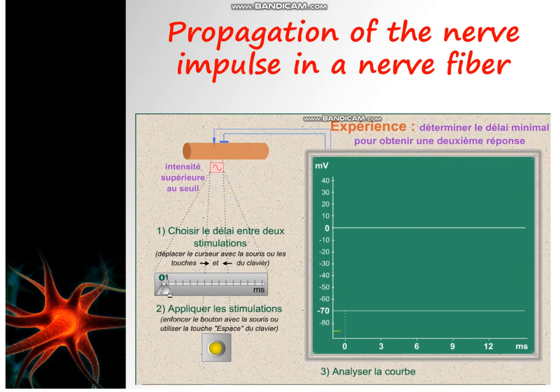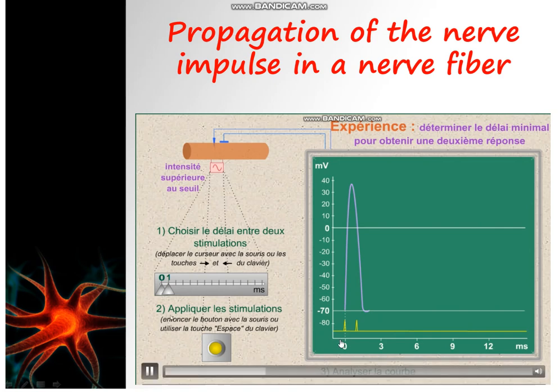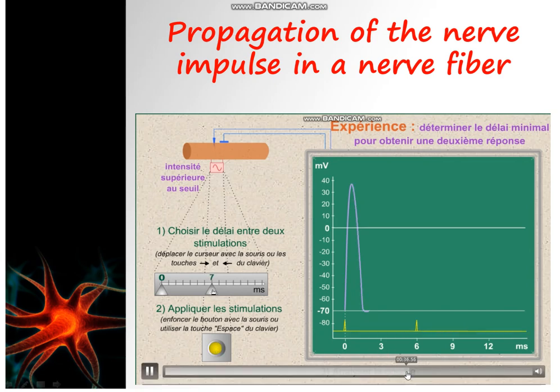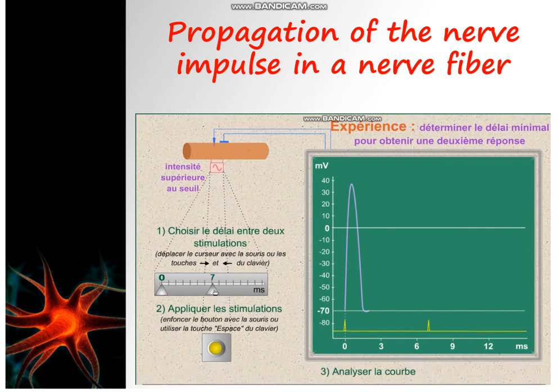The first time interval is 1 millisecond, and this is the response. 5 milliseconds, this is the response. 7 milliseconds, this is the response. 8 milliseconds, and finally 9 milliseconds.